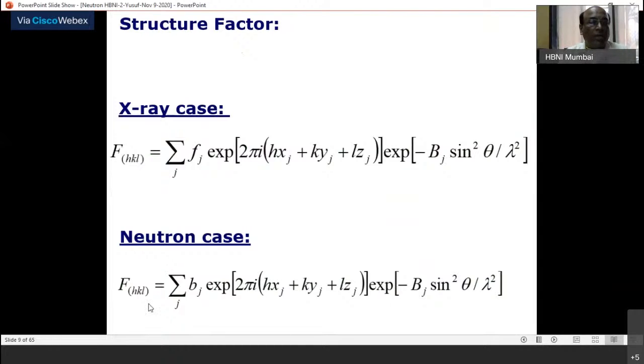The strength of that interaction, basically the scattering length between the neutron and the nucleus, is nothing but b.